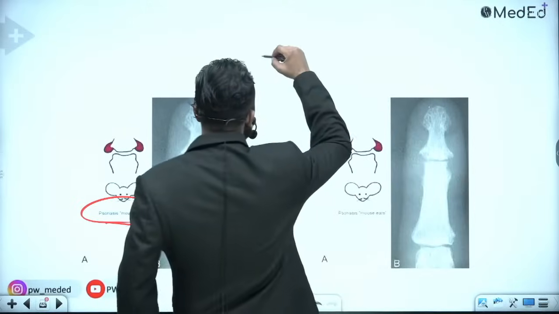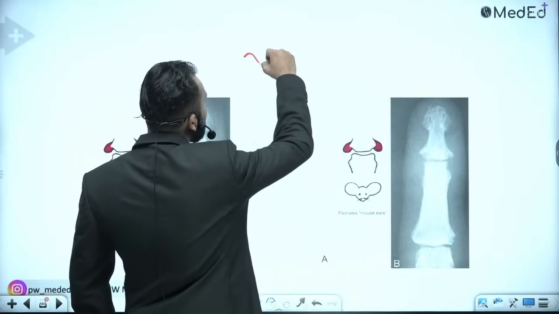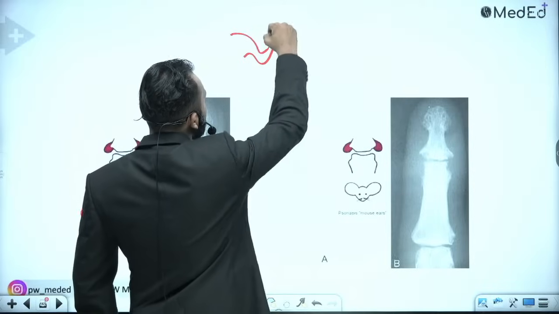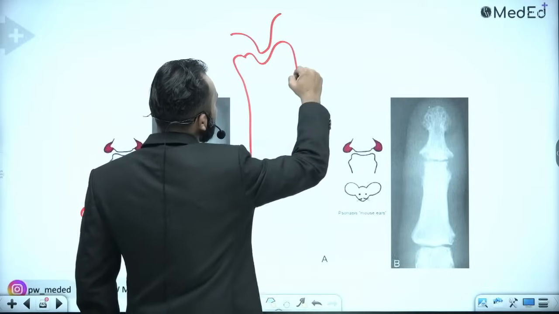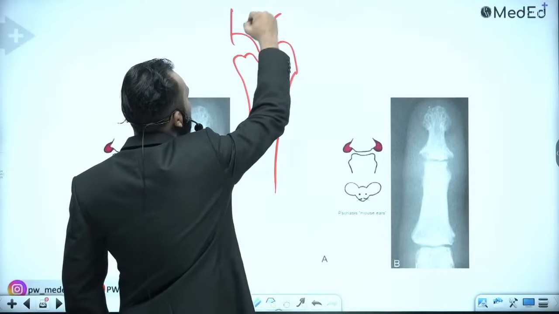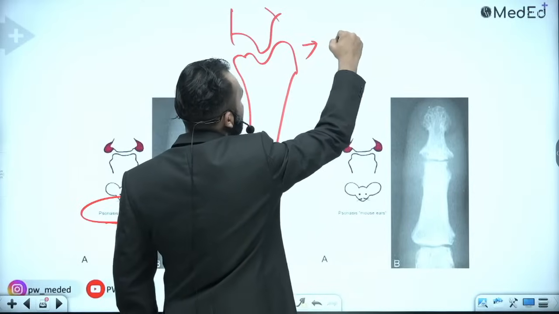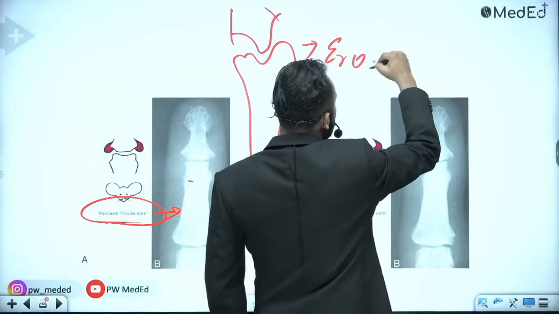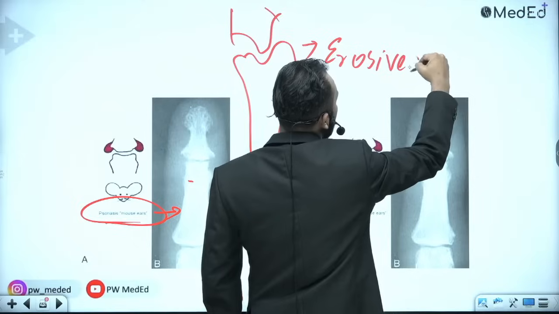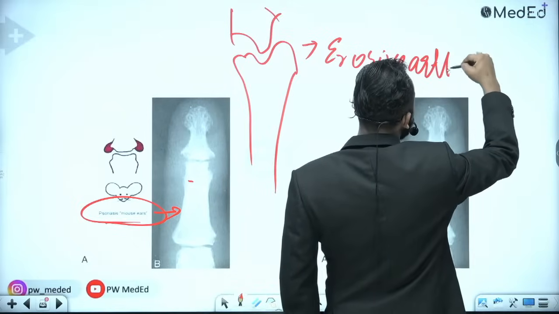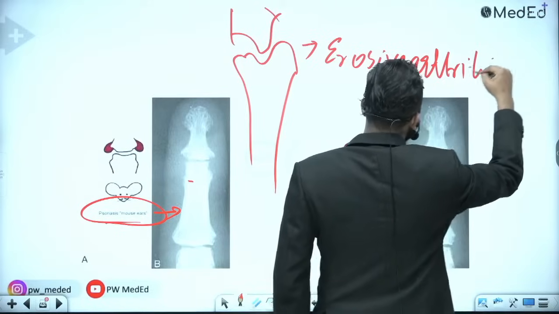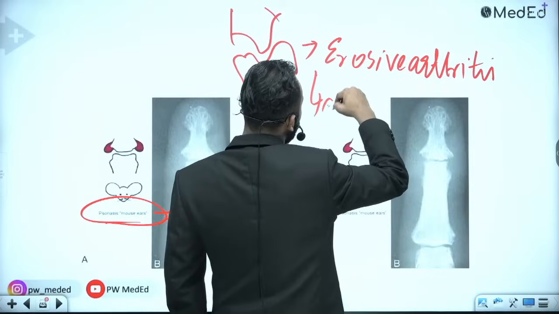And sometimes central erosion will be seen. Central erosion will be seen in the erosive arthritis, and that gives an appearance that is known as gullwing sign.